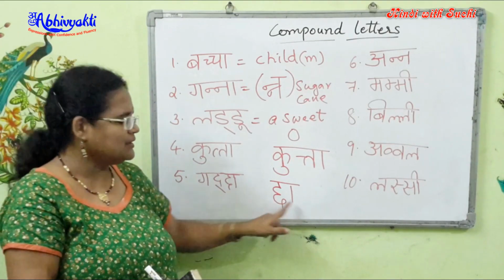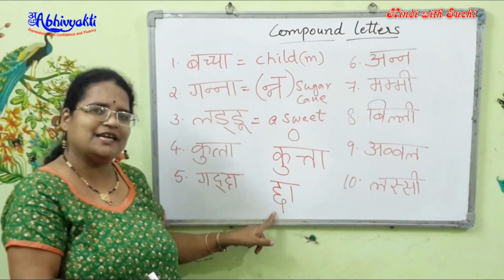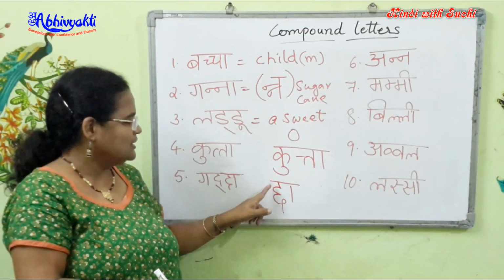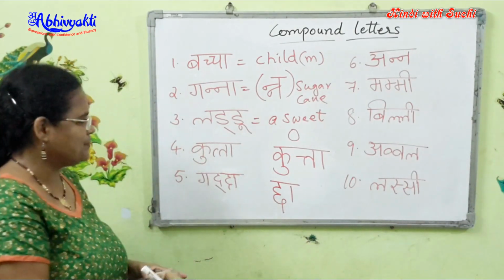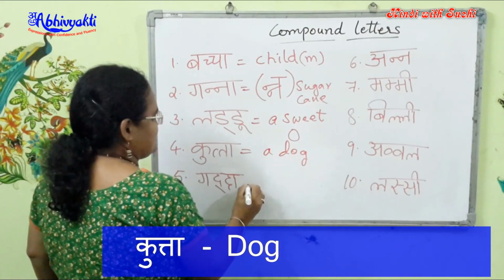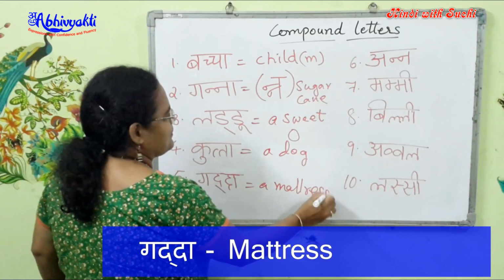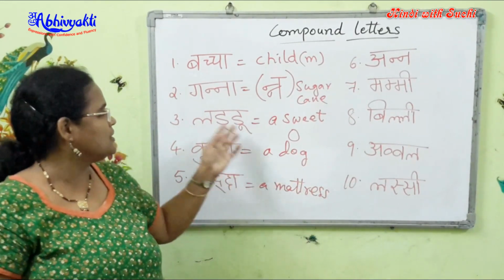You will find some textbooks with the old spelling where if you find a strange character looking like this, then it indicates that this is the double d, gadda. Okay? So kutta means a dog and gadda is like a mattress.